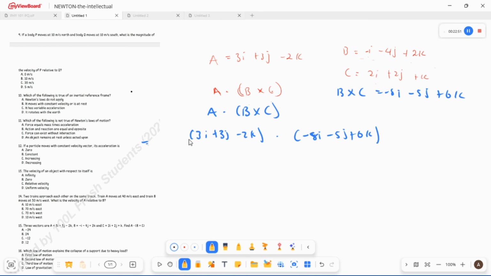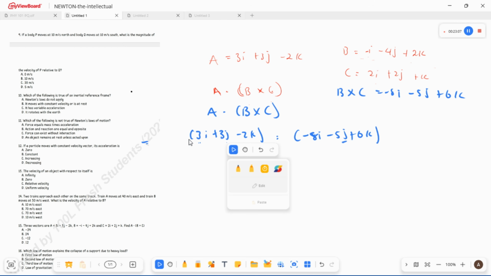And you know how dot product works. We only multiply the first term, the one that has i, with the one that has i here, the one that has j with the one that has j in the second one. We do not use one variable to multiply everything, right?